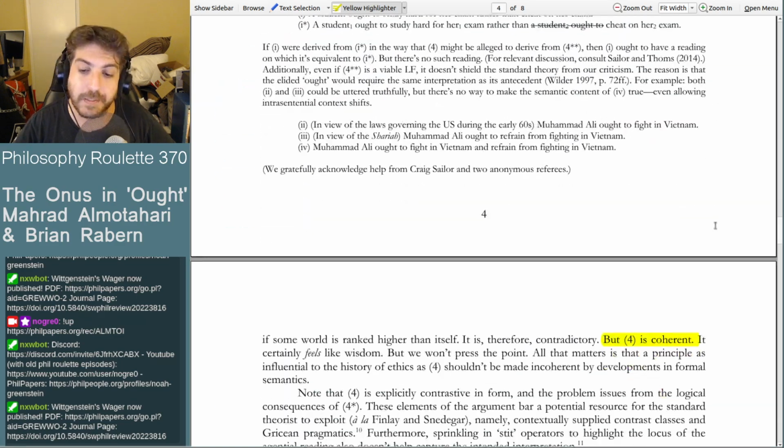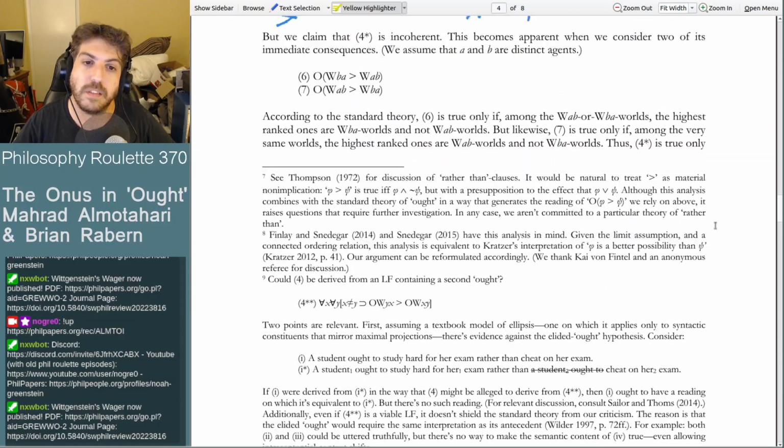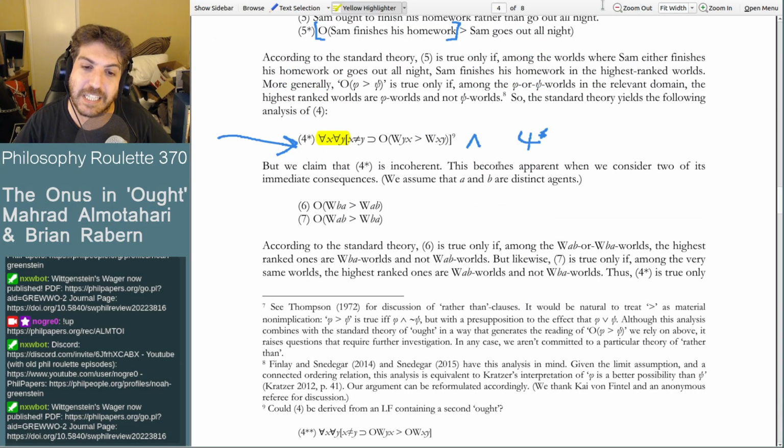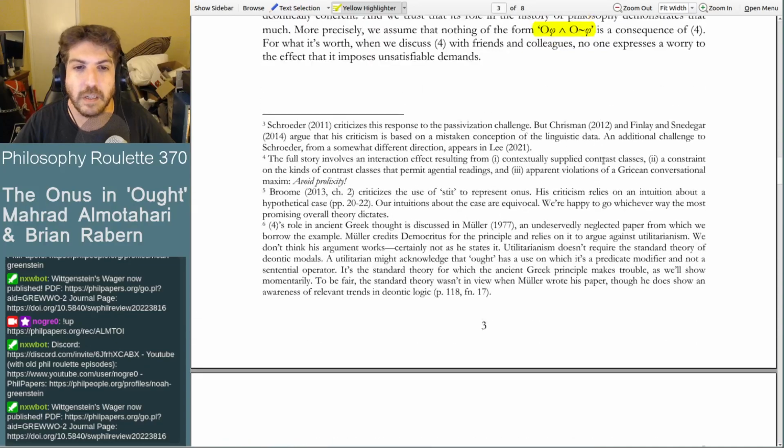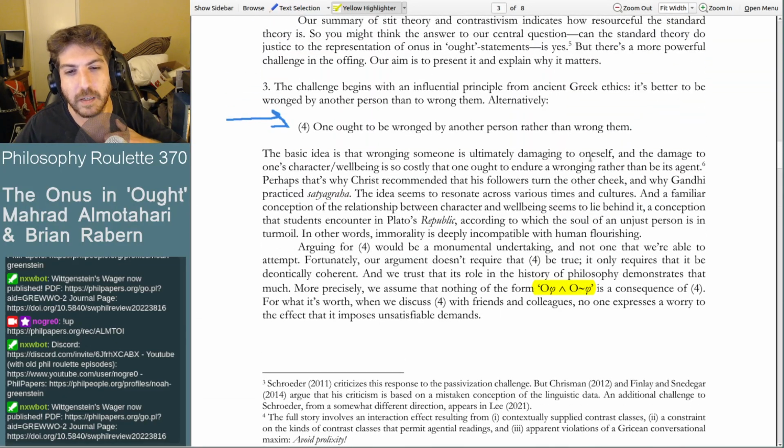So what is the scope of this universal generalization here in obligation? Where is the universal thing? One ought to be wronged by another person rather than to wrong them. So it would be saying there exists something that you would rather be than to be wronged by someone else.